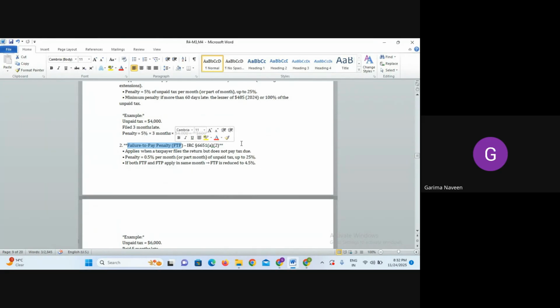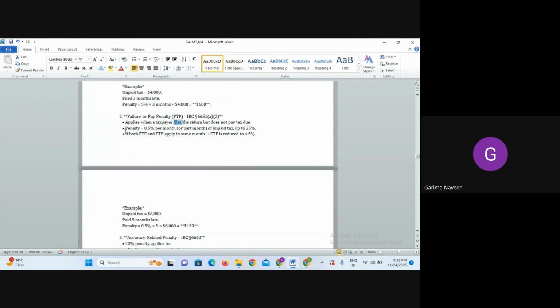If you fail to pay the estimated amount or required amount to the IRS, then you may have a failure to pay penalty, which is 0.5% per month of the unpaid taxes, and it may go up to 25% also.